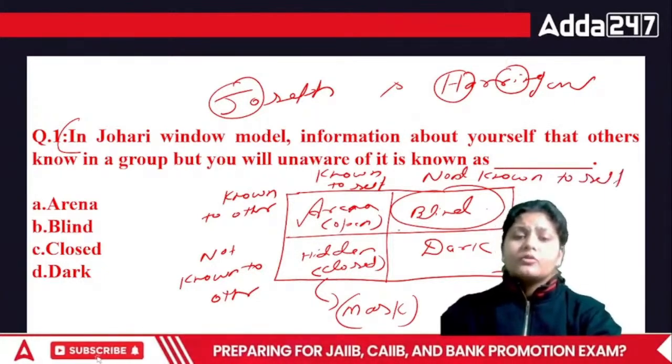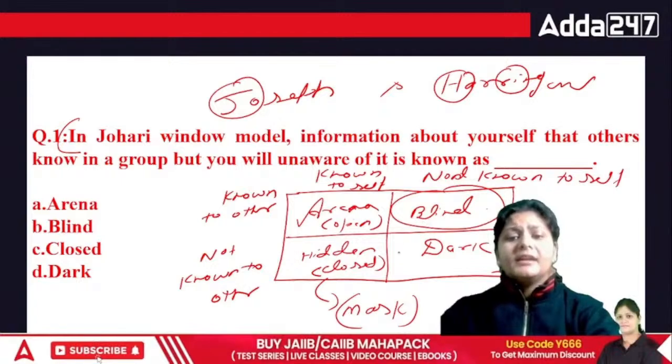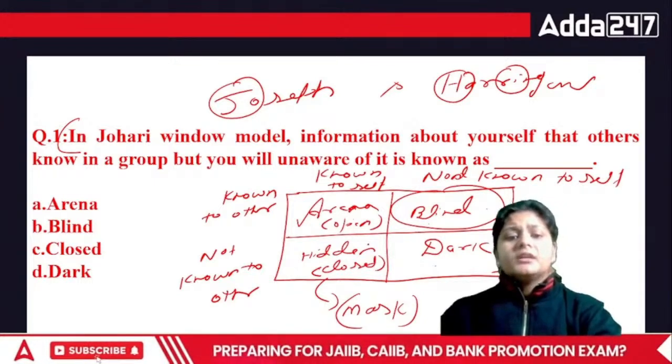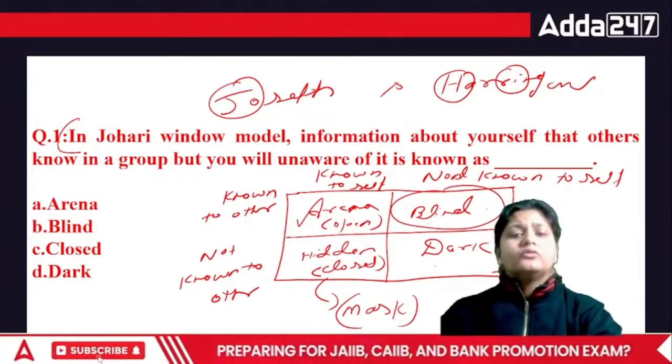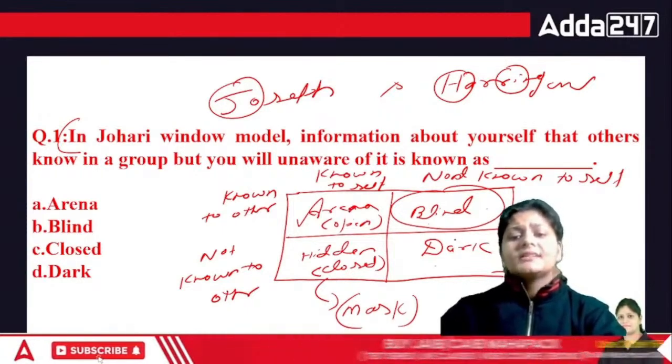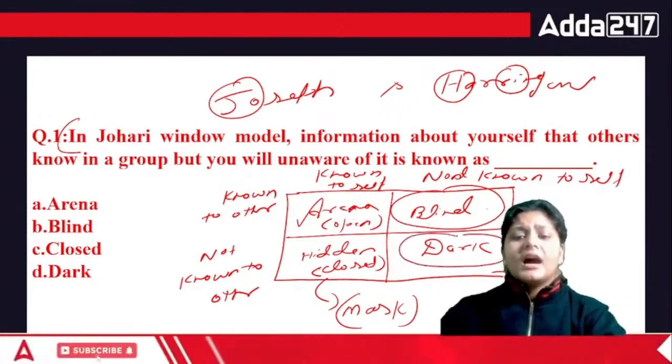So we have the 4 quadrants here: arena, blind, hidden and dark. The third area is the hidden area, the closed area, where the information is not known to other and known to self. Then the last area is the dark area.